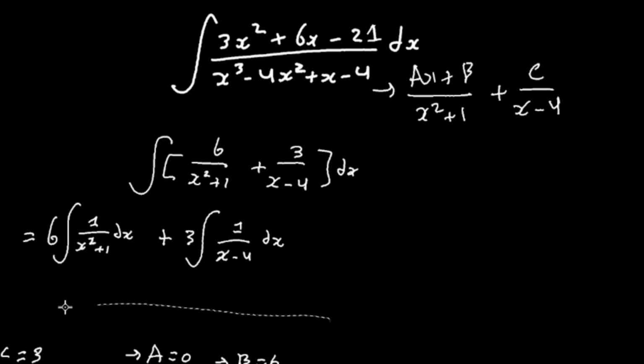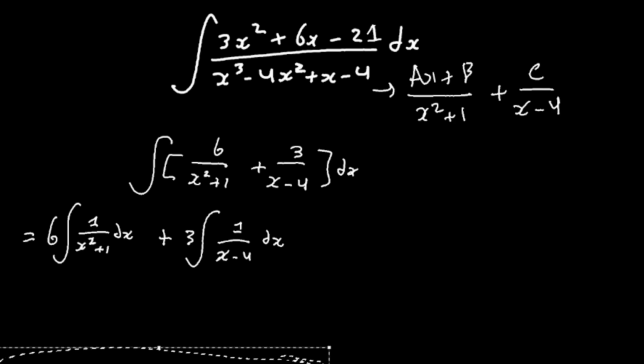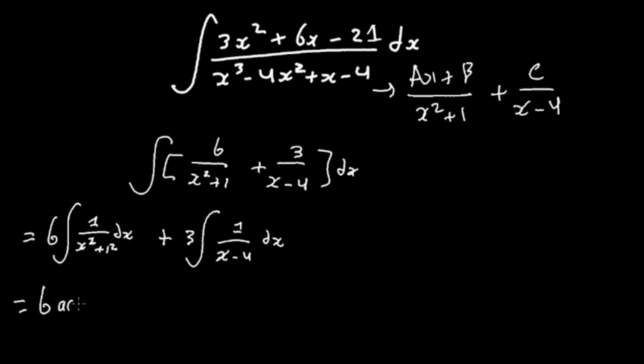Alright, I can actually get rid of these now. Okay. So for this first term, this matches the integral for arctangent. So this is x squared plus 1 squared. This becomes just 6 times arctangent of x, because it's just a 1. You don't have to worry about it being a squared. So this is just 6 arctangent of x.